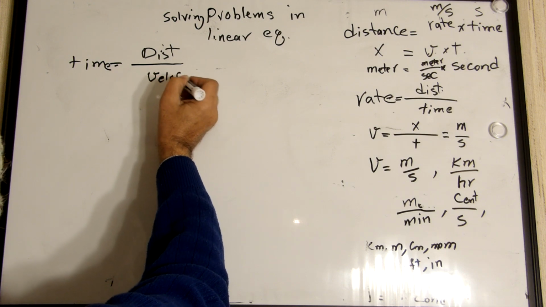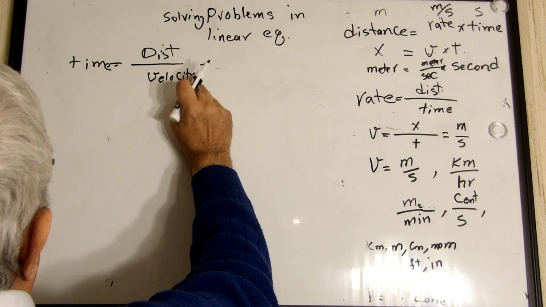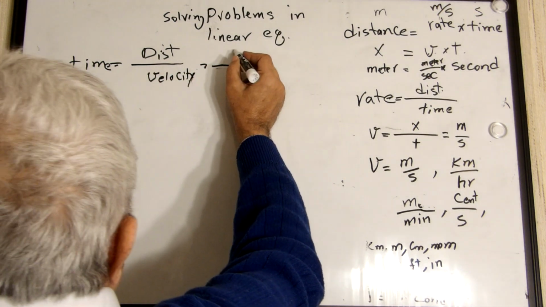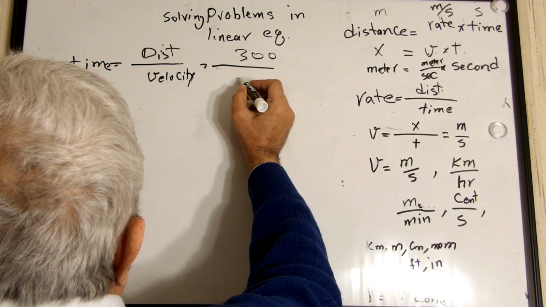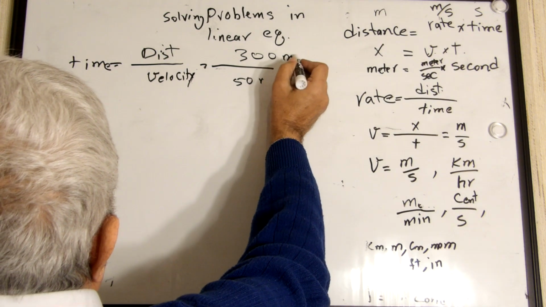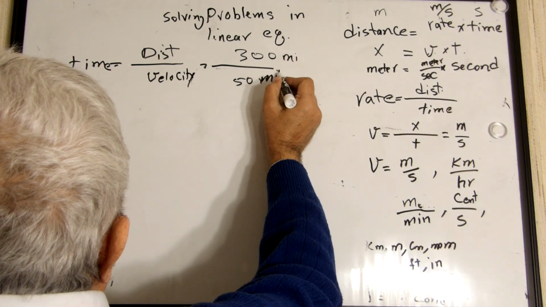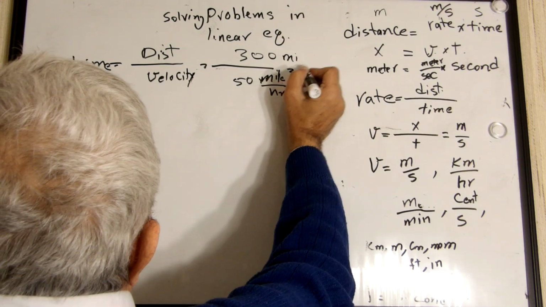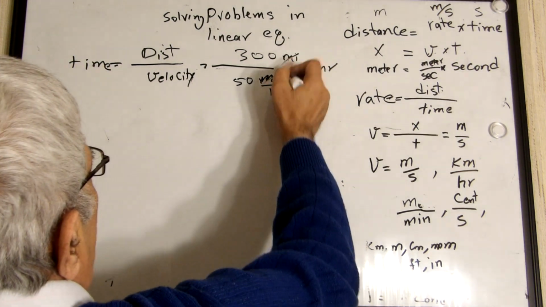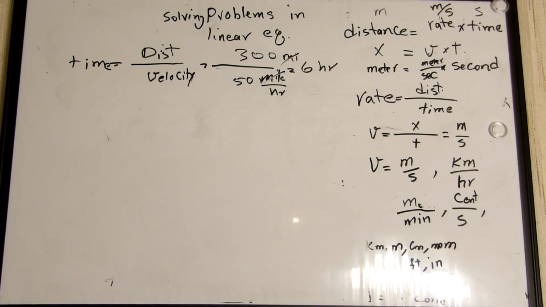For example, if a car traveled 300 miles at a rate of 50 miles per hour, it's going to be 6 hours. Mile with mile cancels out, and if it travels 300 miles with the velocity of 50 miles per hour, it's going to take 6 hours.